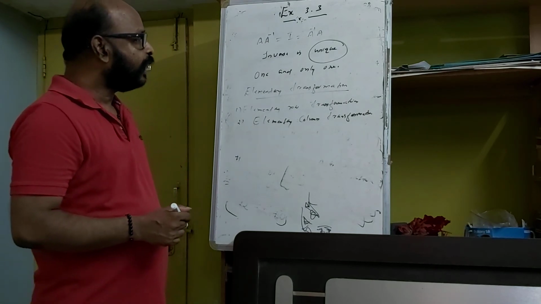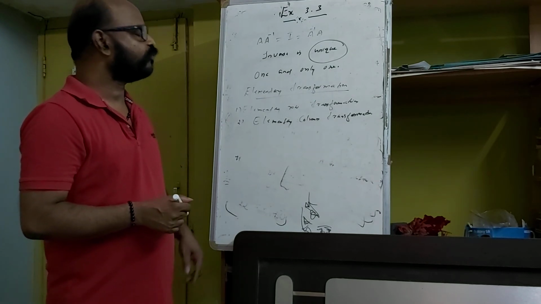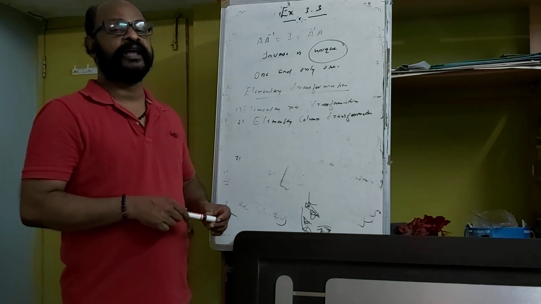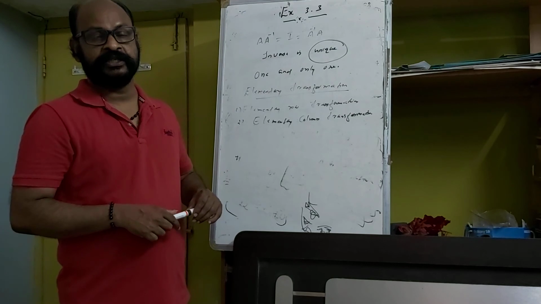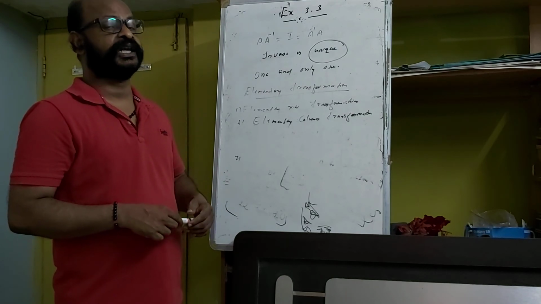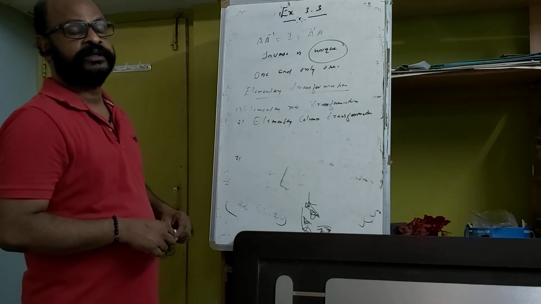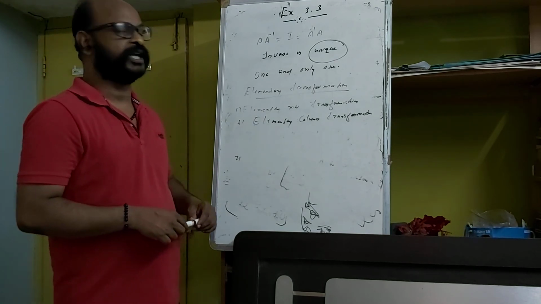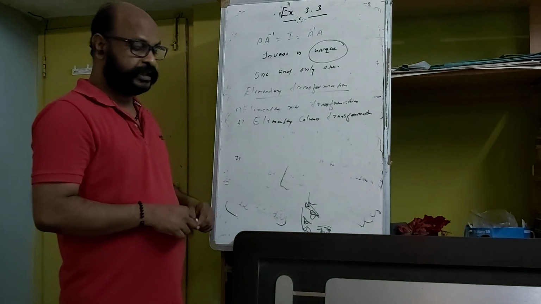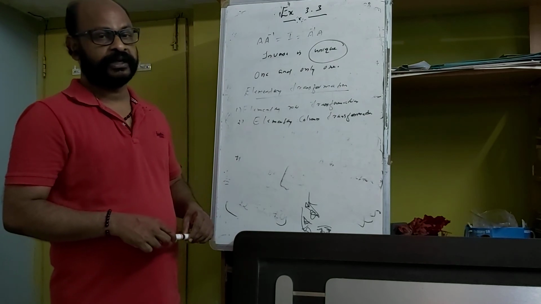We said we come to the determination of the inverse of a matrix, and for that the method is generally known as elementary transformation, which comes as elementary row transformation and elementary column transformation. That we discuss in the next class.